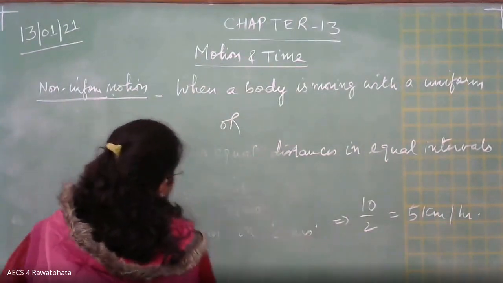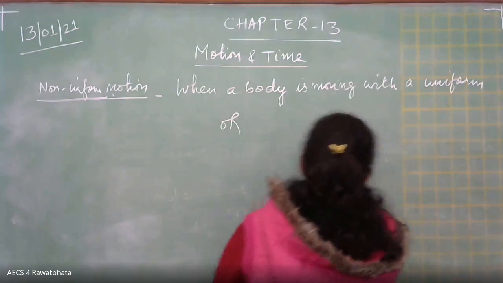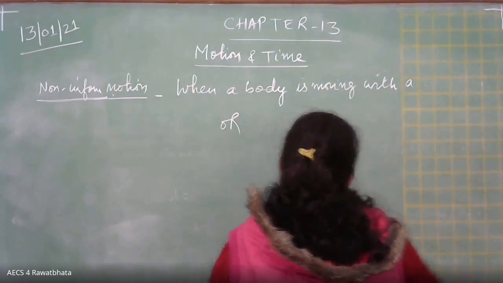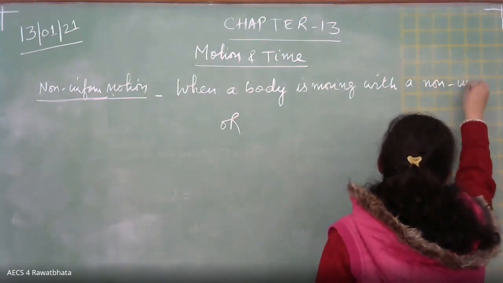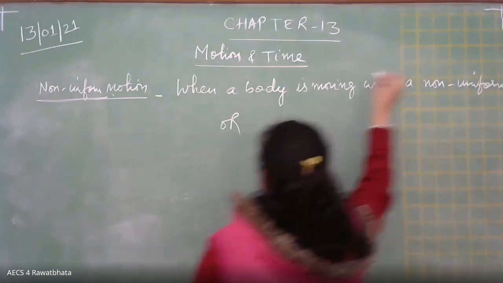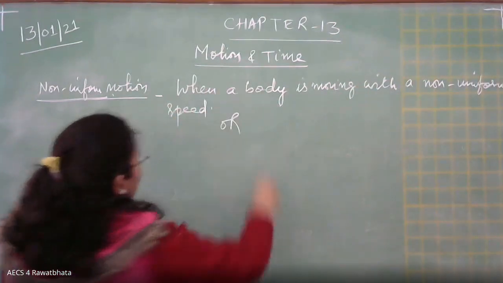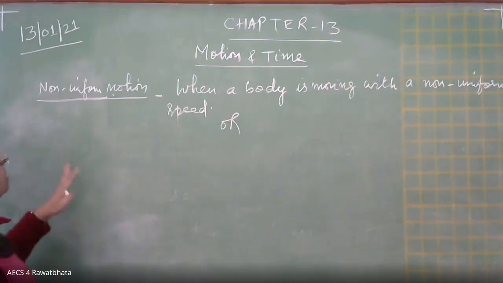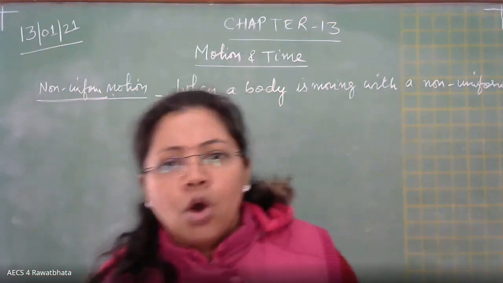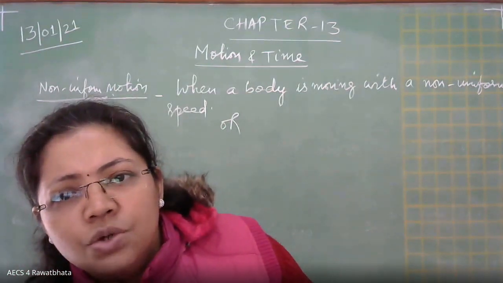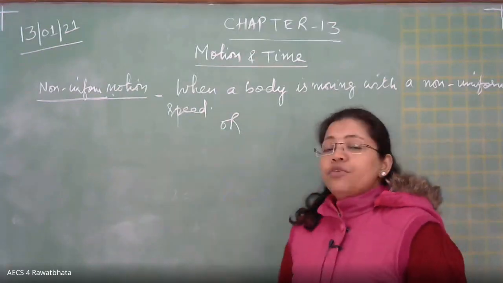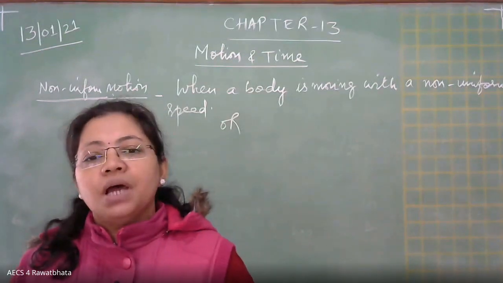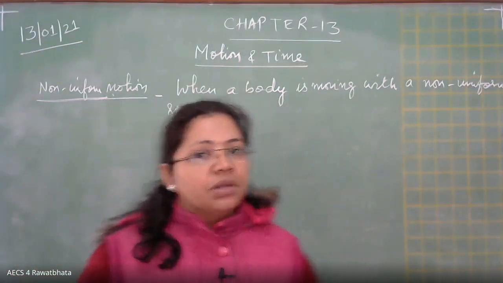Here also we can simply write the definition: when a body is moving with a non-uniform speed, then it is referred to as non-uniform motion. Right? Or the way we have written the definition for non-uniform speed or variable speed, it can be copied here, and that will be the same.